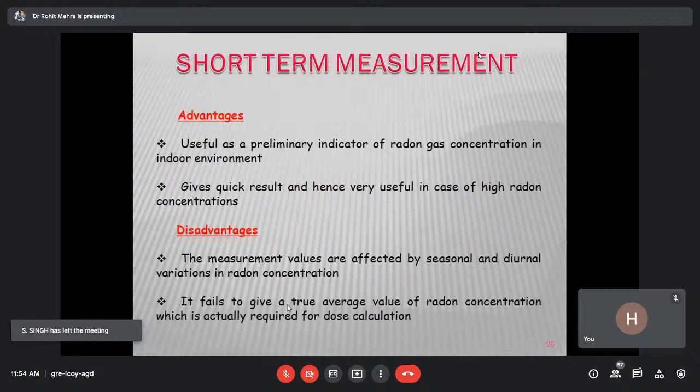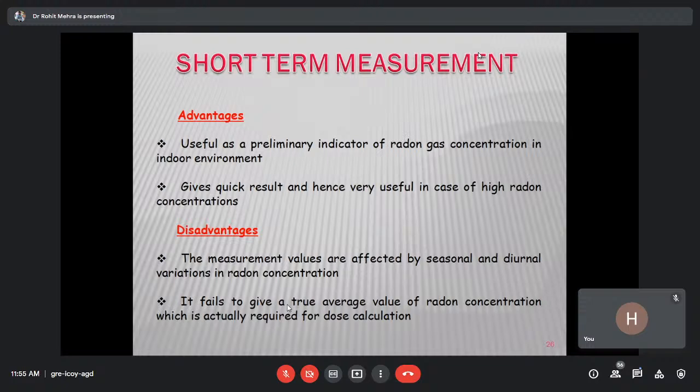And of course, I have discussed some advantages and disadvantages. If you just want a preliminary indicator, you should go for short-term measurement. It will give you quick results. But the disadvantages are that you cannot capture the effect of the seasons, you cannot capture the effect of ventilation conditions, and you cannot calculate the true value.